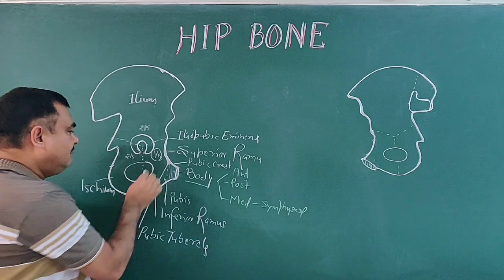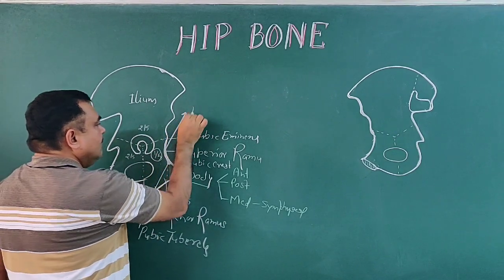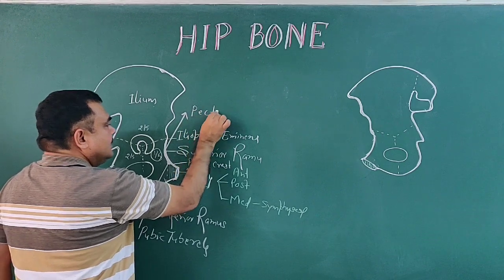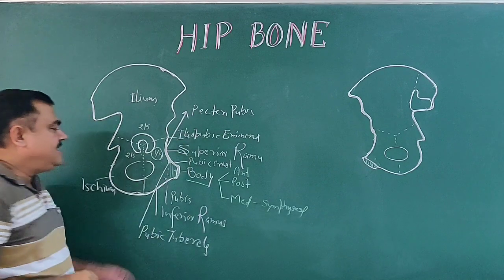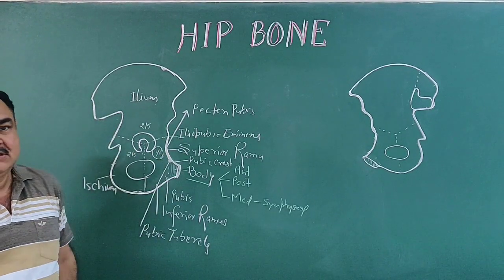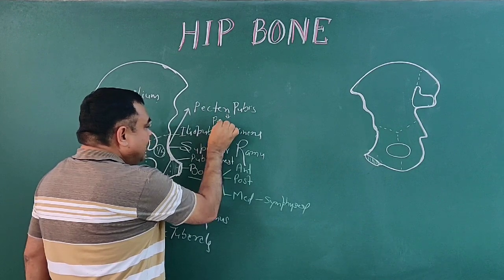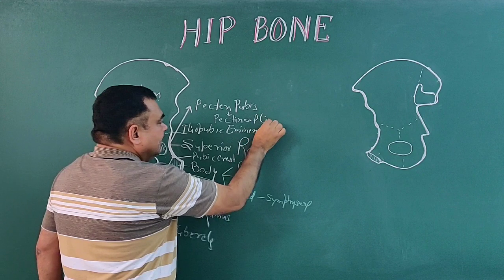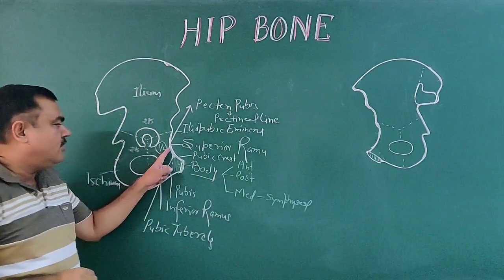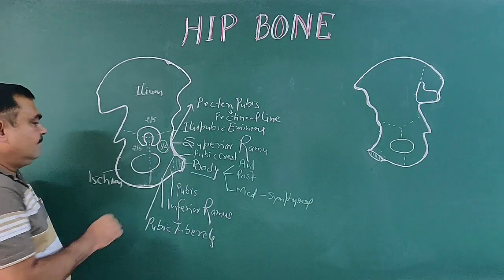This border forms the pecten pubis, also known as the pectineal line. So this is the superior border of the superior ramus of the pubic bone.